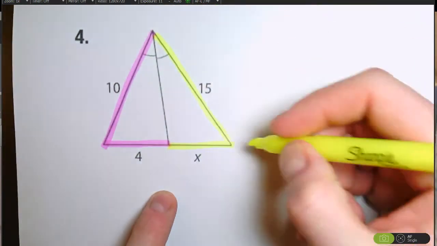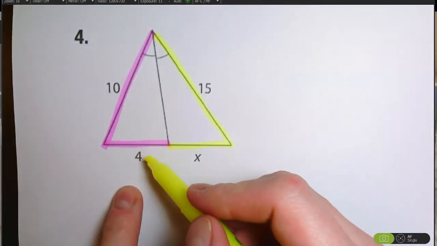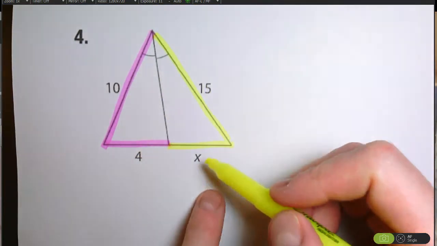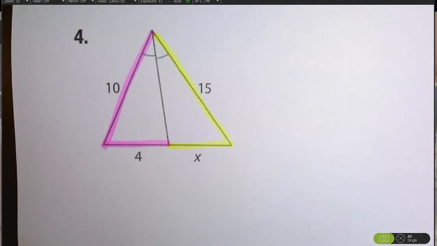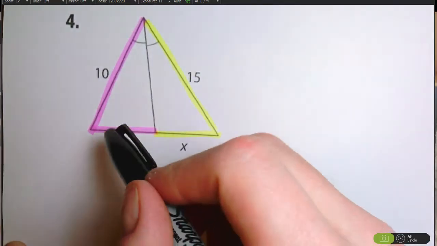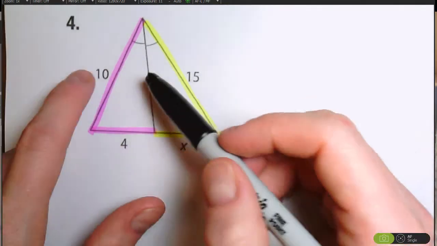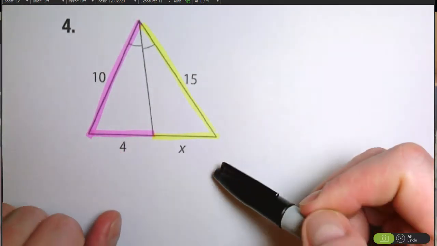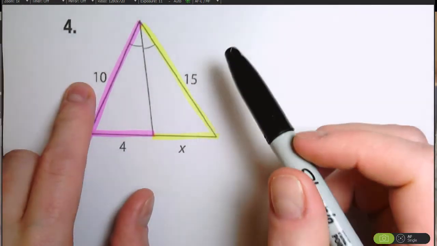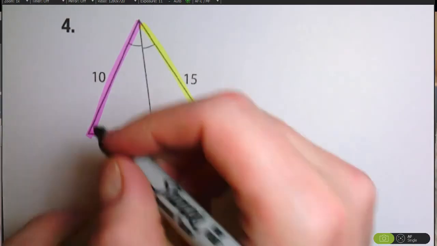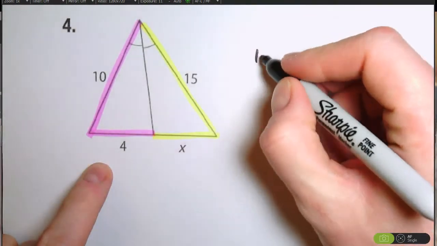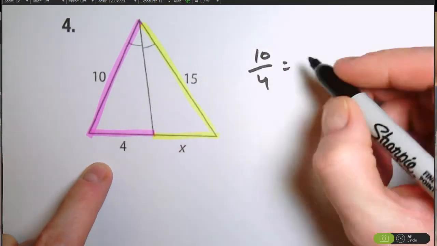So basically, side to its adjacent part is proportional to the other side to its part. So you can do 10 to 4 or 4 to 10, and then equals 15 to x, or x to, well, it depends. If I did 10 to 4, I have to do 15 to x. You could also do 4 to x equals 10 to 15. You have a bunch of different setups. So I'll just do 10 to 4 equals 15 to x.